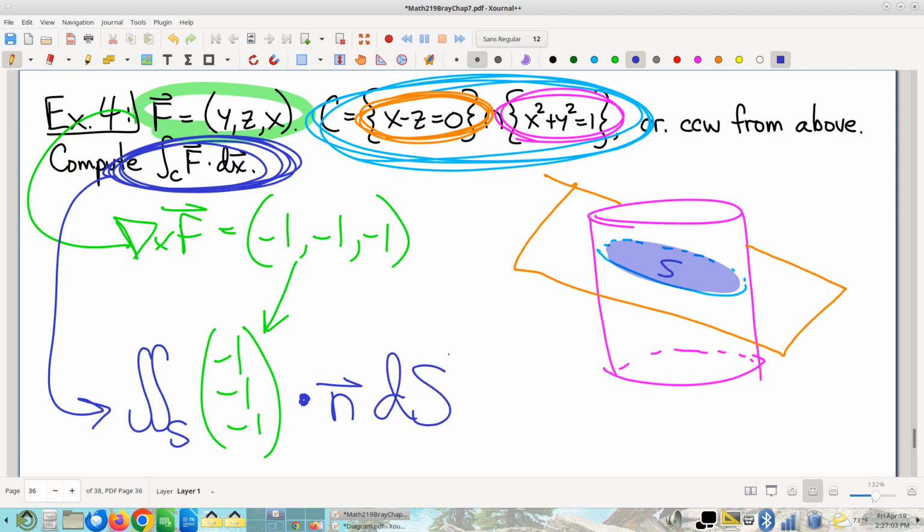Some people, myself included, like to write this as a dS vector, but here I'm going to write it as little n times dS scalar.